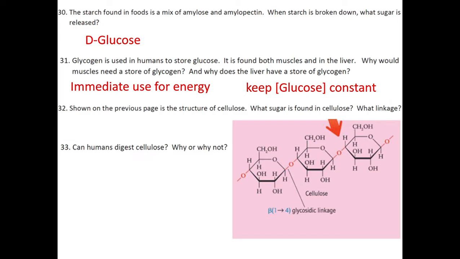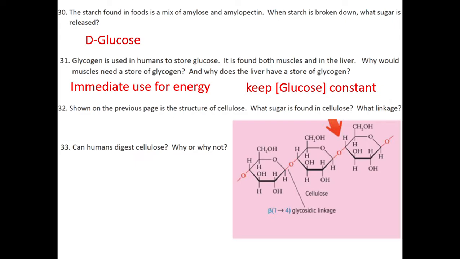All right. So question number 32, shown on the previous page, which I show here in the PowerPoint slides, is the structure of cellulose. Well, cellulose is the fourth polysaccharide that we are going to learn.